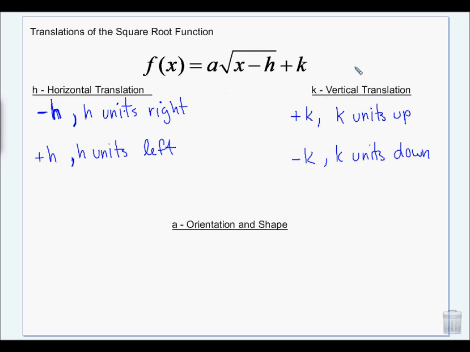Outside of the radical altogether is up and down. If a is negative, you flip over the x-axis, or reflect over the x-axis. So instead of being up this way, we're coming down like that.